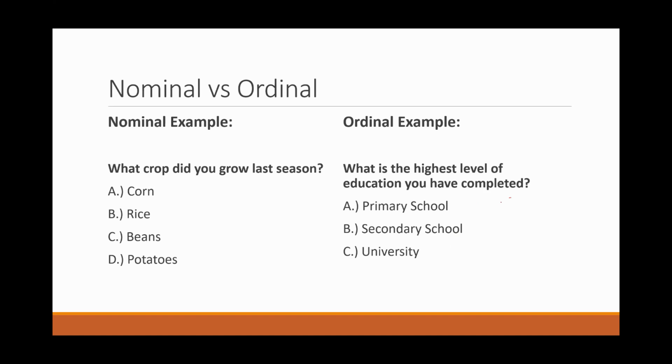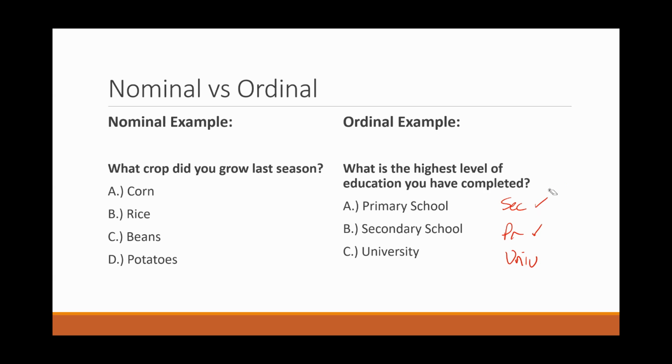If I listed these values as secondary school, then primary school, then university, you could say, oh, that's incorrectly ordered, because primary means less schooling than secondary school. Right?